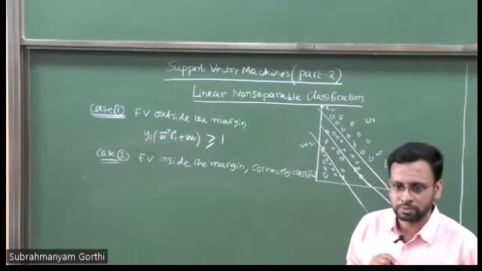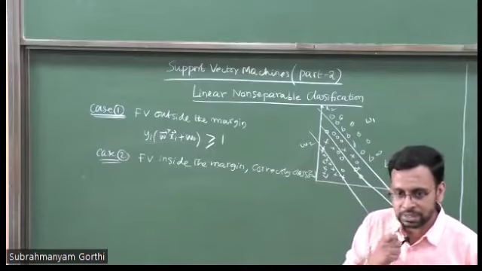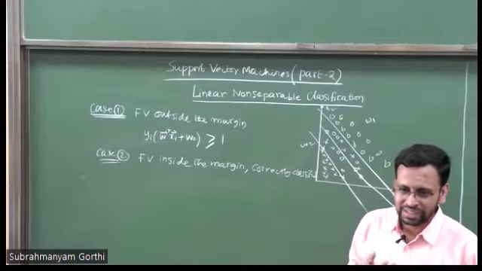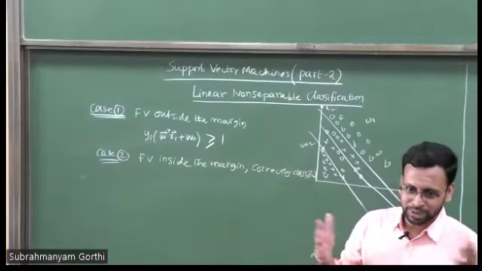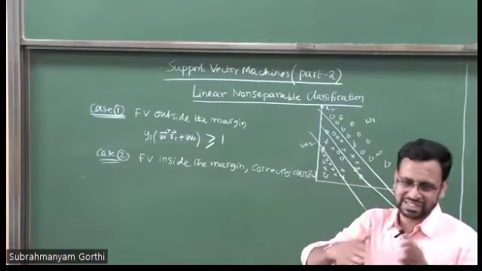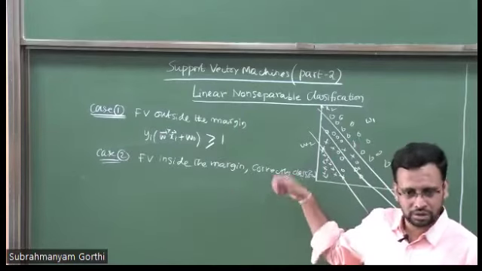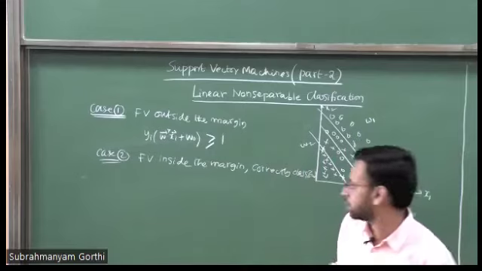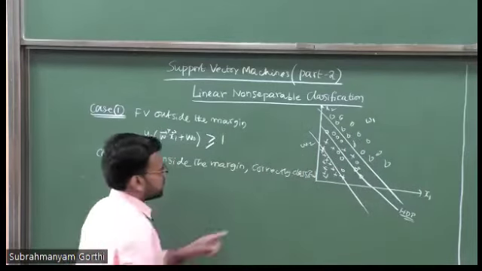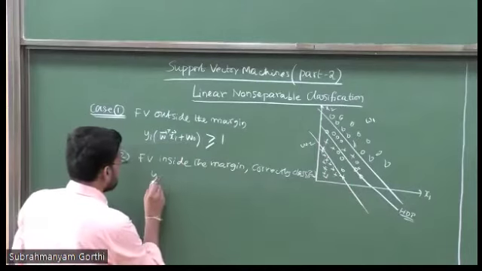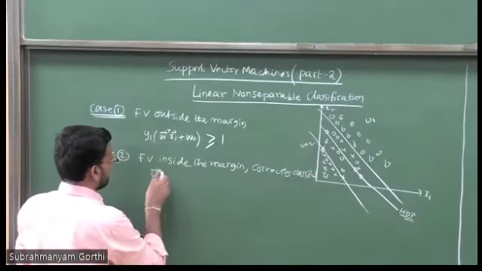Very good. Can it be equal to also? You can put it on either side. If it is on the decision plane, still you could consider, very few are there. If you want, you can put equal to also there. But essentially, that is also there inside. If you consider that, that will be now yi, sorry, yi is not a vector.